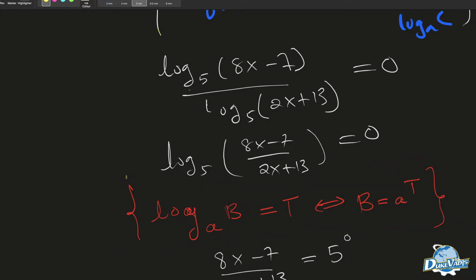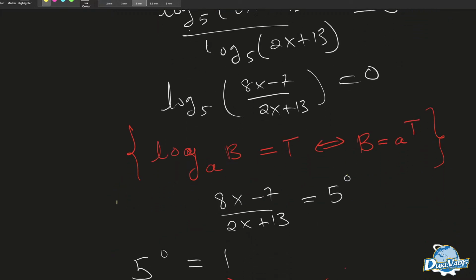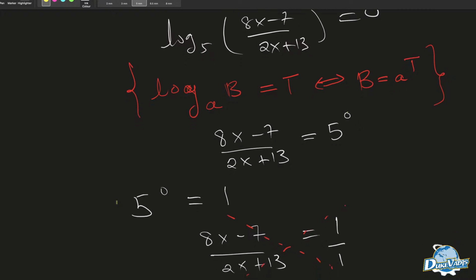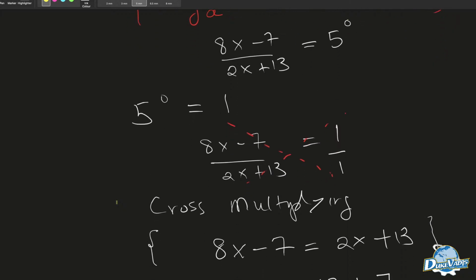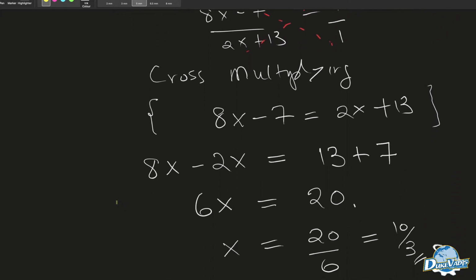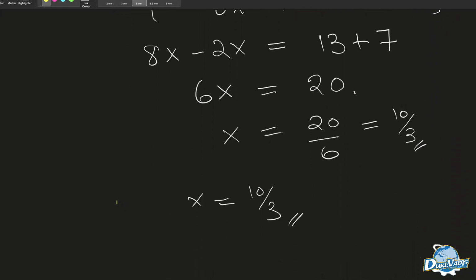So we did the same thing and applied it to this: 5 goes to the right hand side and is raised to the power 0. But we know any number raised to the power 0 is 1. After that we did cross multiplying and we were able to find our answer. Isn't that beautiful, friends? Well, let's tackle one more question we have over here.